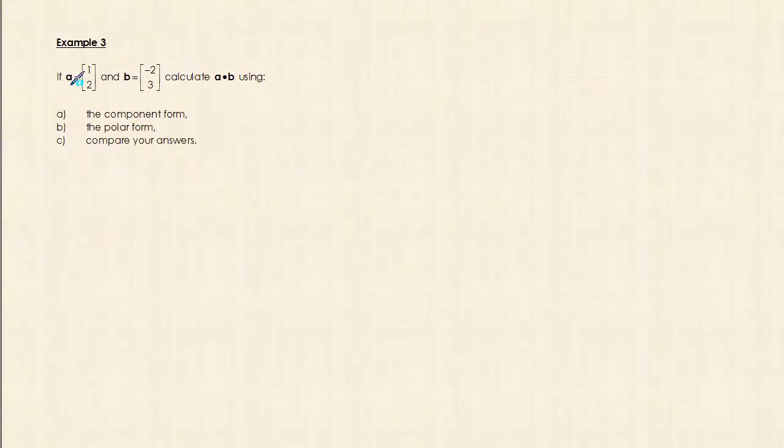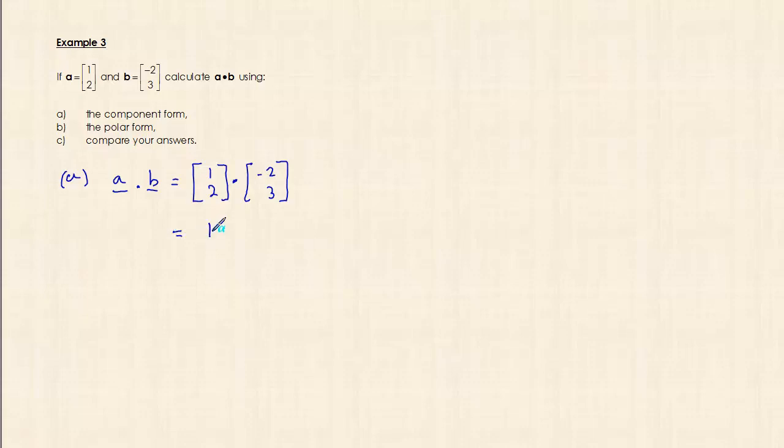We're given that vector A is (1, 2) and B is (negative 2, 3). We want to calculate A dot B using, in the first instance, the component form. So A dot B would be equal to (1, 2) dot (negative 2, 3).